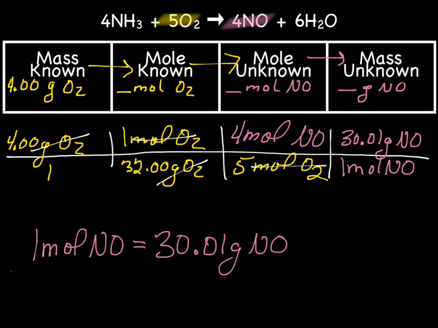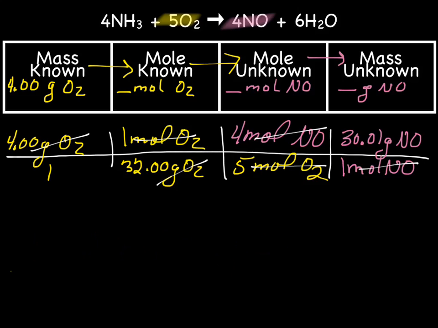We will make sure they cancel out, mole NO with mole NO. Now we just need to do the calculations, multiplying across the top, multiply across the bottom. So when I multiplied across the top, I got 480.16 grams NO. Please be double checking me.